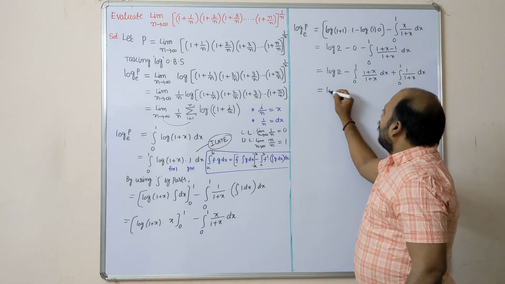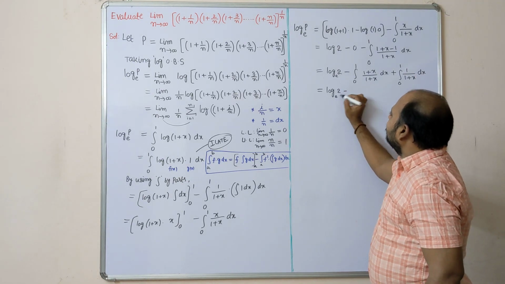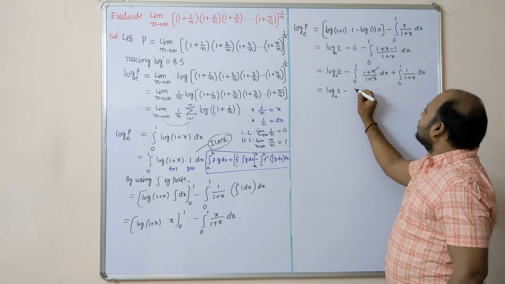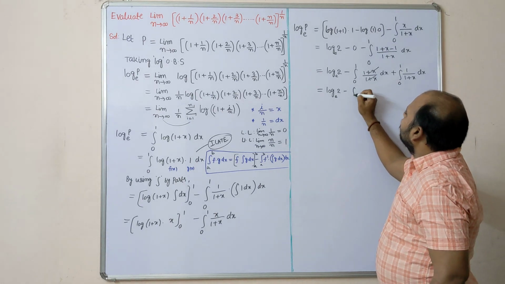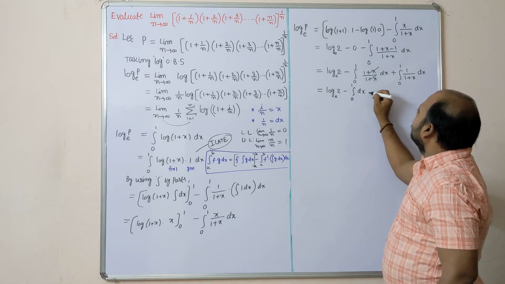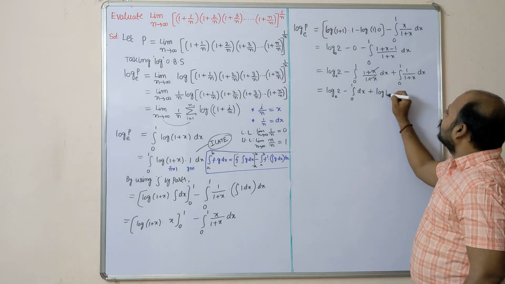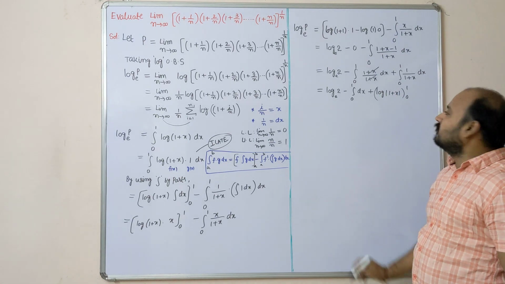So which is equal to log 2, minus log 2 means log 2 to the base e. Here these two will be cancelled, integral dx is x. Can I write directly? Okay, for your convenience I'll write it: 0 to 1 dx plus integral 1 by x means log mod x, here compulsorily we should write, applying the limits 0 to 1.